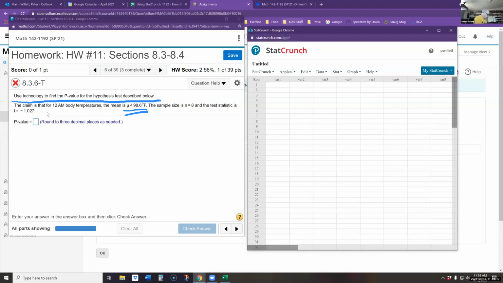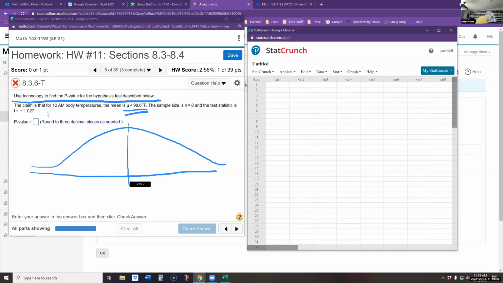So what's going on here is that we're using a t-distribution. And we're testing a claim that the mean is less than 98.6. So that means on our distribution, we would set the mean to be equal to 98.6 because that's the null hypothesis of that claim.